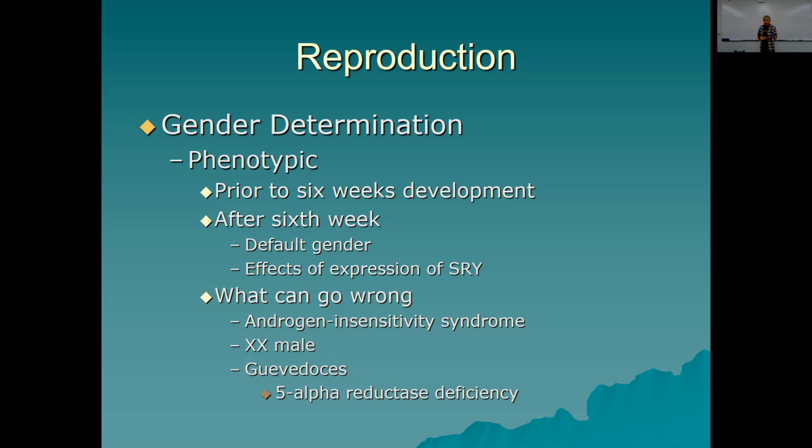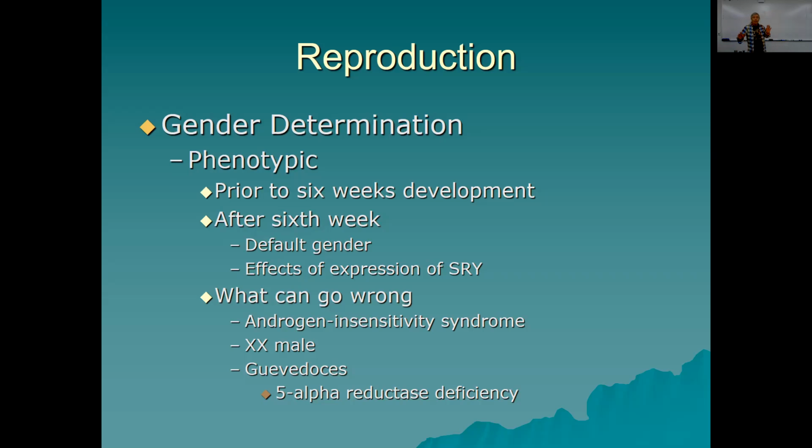They can have sexual intercourse, but they can't inseminate a woman in a normal way because the semen is going to come out between their legs too. So they have to use artificial insemination in order to make babies. And that's the only difference between normal males and males with 5-alpha reductase deficiency. Okay.